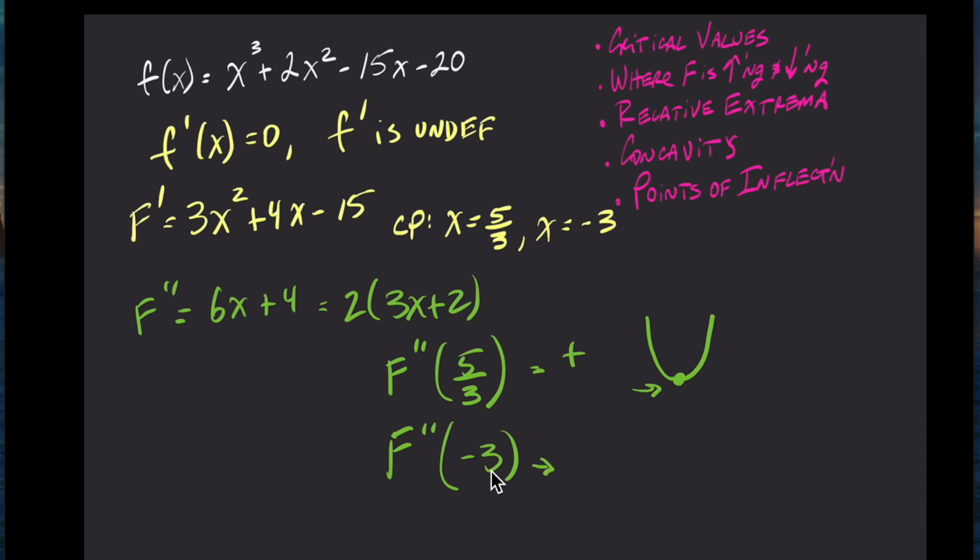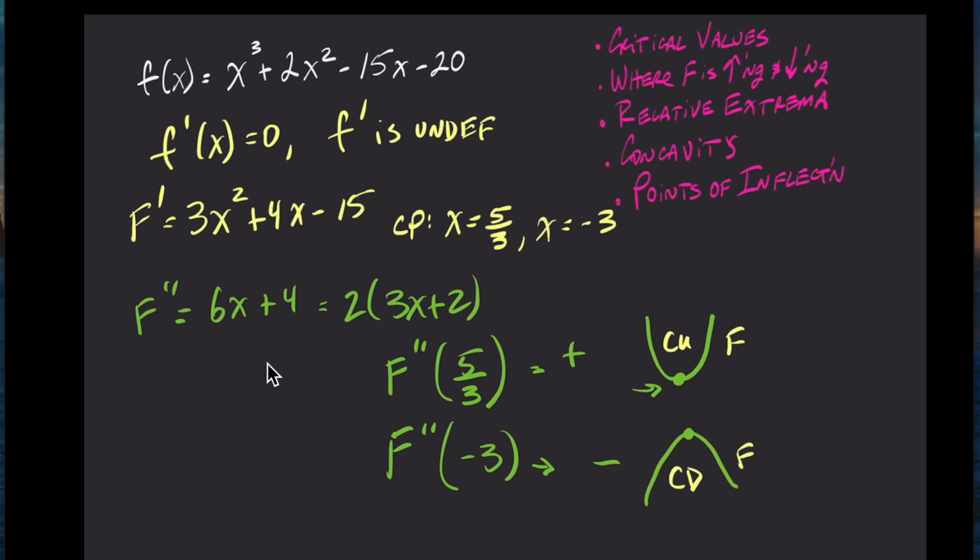When you plug in -3 and you do f double prime of -3, you get a negative value. That corresponds to a concave down portion on f. Okay, this is f. And that means that x equals -3 is a local maximum.